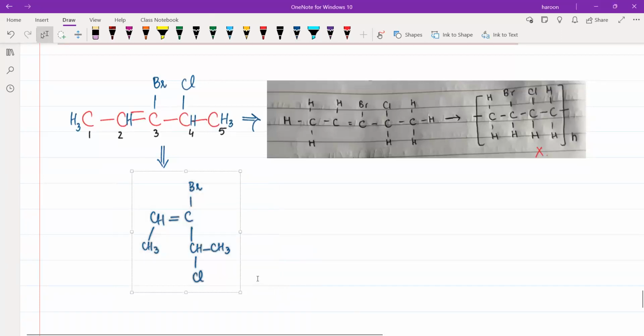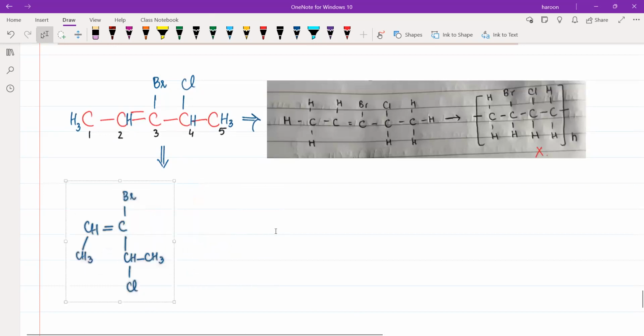That's the unit. So you will just highlight the double bond.